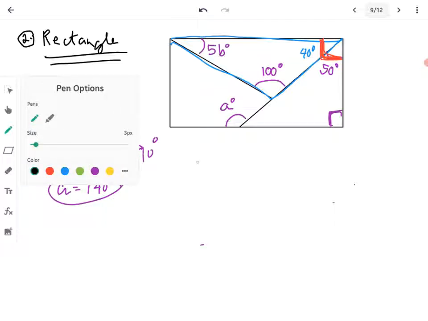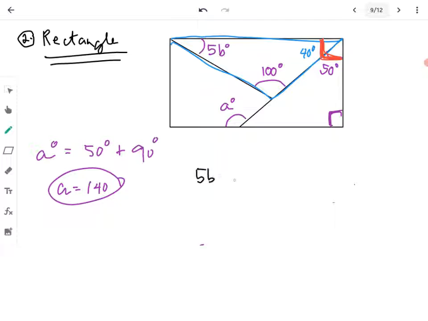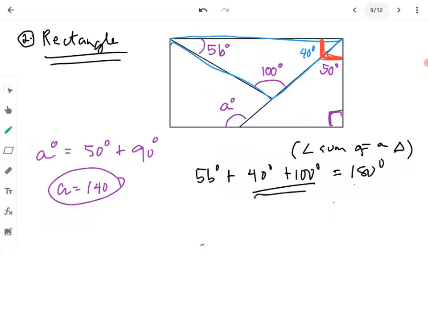We have 5B plus 40 degrees plus 100 degrees equals 180 degrees. Why is this? This equation is based on the angle sum of a triangle. So from that, this is 140, and taking away 140 from 180 degrees, we have 40 degrees.